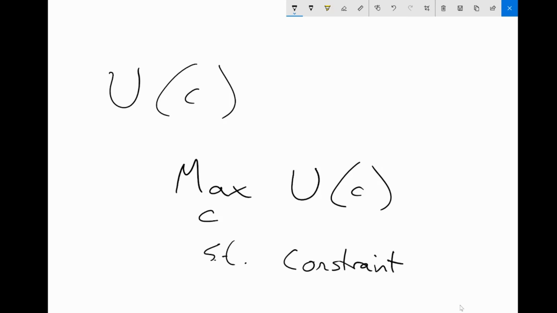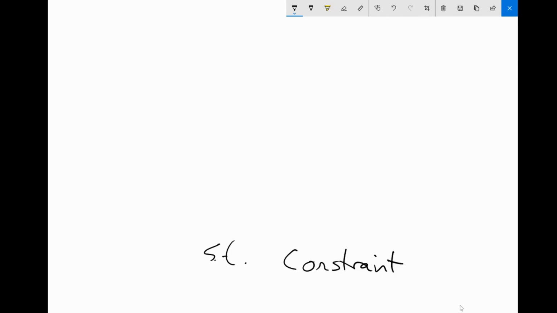Okay, so what we've done is we've built the basic toolkit, the basic framework to mathematically express and model human decision making. We can use these models for very important purposes.